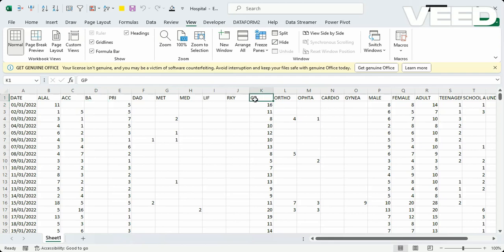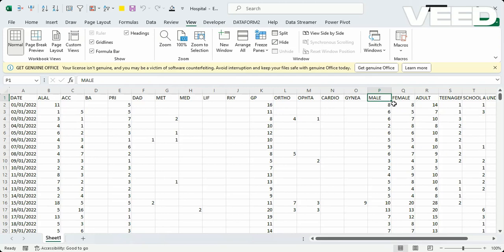Now, this from here, this is GP. So these are all the patients that were seen by GP on that particular day. This is auto, this is after cardio, gyne, and then the sex of the patient. So on this there are 8 patients who were male, while another 8 were also female.